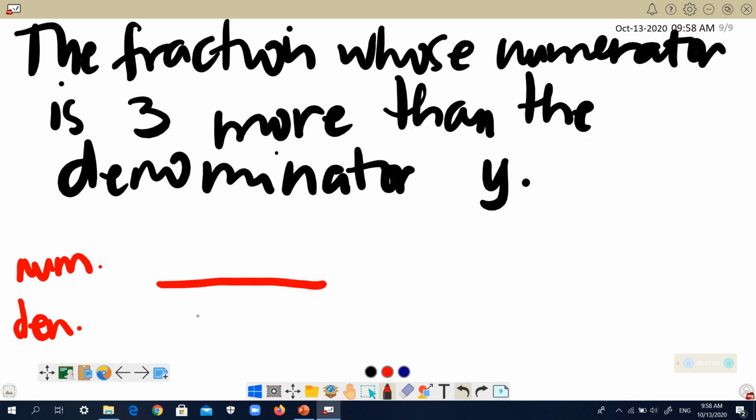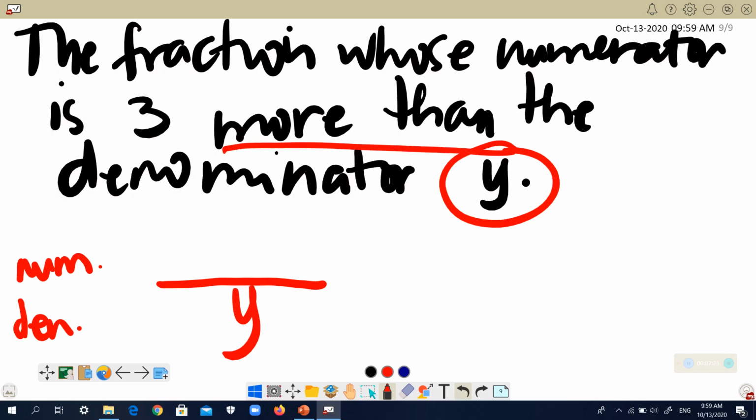In our given statement, the denominator is y. So therefore, you will have here y. And then it is said that the numerator is 3 more than. The phrase more than means addition. Our denominator is y, more than means addition, and it is 3 more than, so you will have here y plus 3.